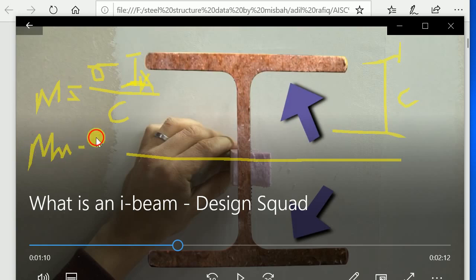How to increase it? By locating the area of the section far away from the neutral axis. If we increase the area of the section far away from the neutral axis, we are increasing the moment of inertia, and thus your nominal moment capacity, or the flexure capacity, is increasing. Very important.